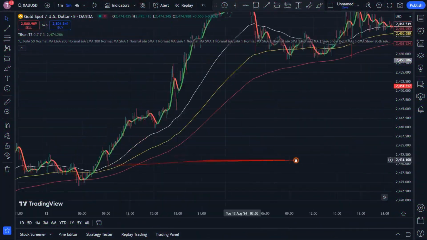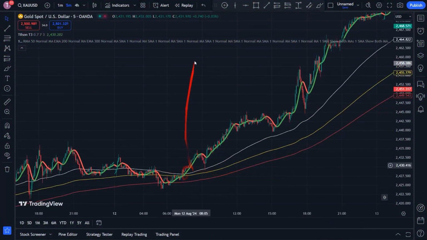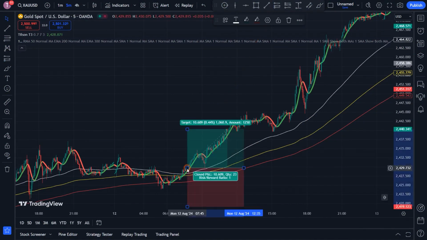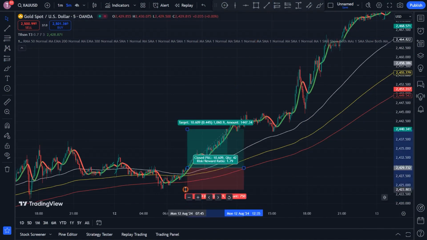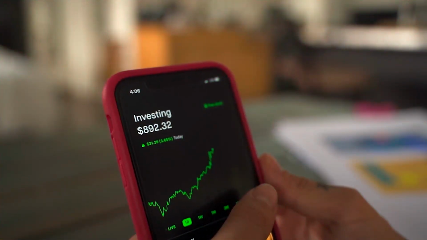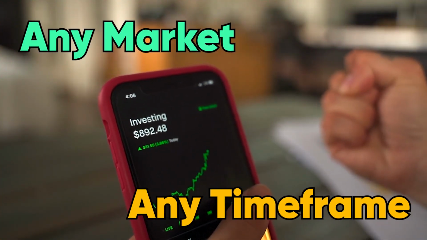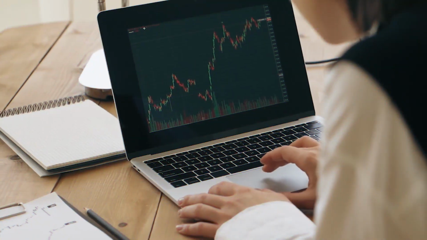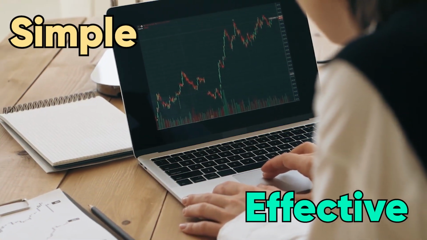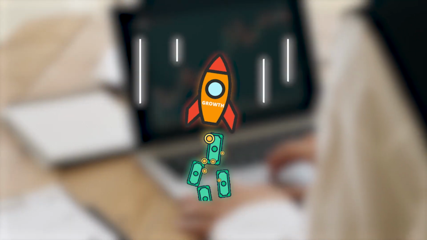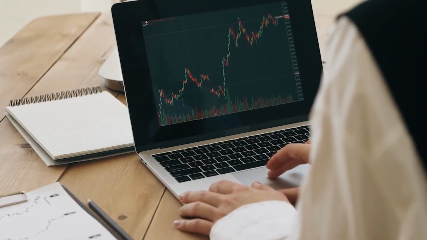I hope you have learned the important points I mentioned so far and are ready to apply this powerful strategy in your trades. As you saw, with this method, you can achieve excellent results in any market and with any time frame. This strategy is a simple and effective approach that can significantly increase your balance if used correctly.